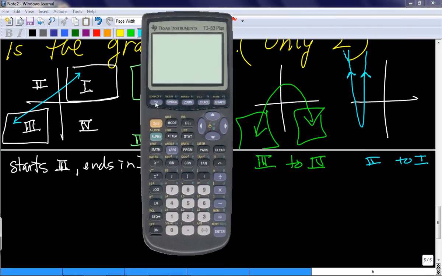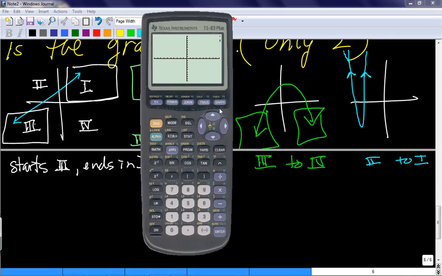Okay, so if we take a look at this, let me clear that. And if I did, okay, 8x squared, and let's wait, 8, okay, x minus 4 squared.